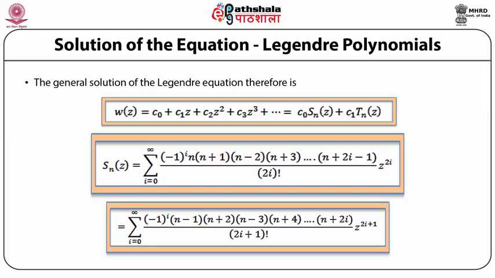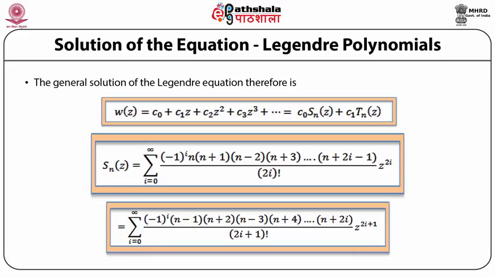This is equal to C0 Sn(z) + C1 Tn(z), where Sn(z) is the summation over i going from 0 to infinity of (−1)^i n(n+1)(n−2)(n+3) and so on till (n+2i−1) z^{2i}/(2i)!.